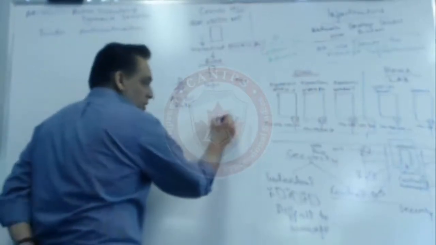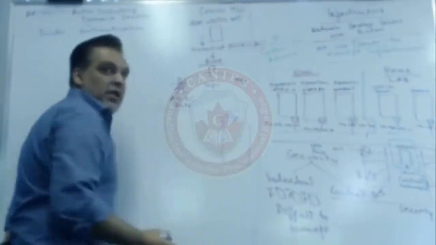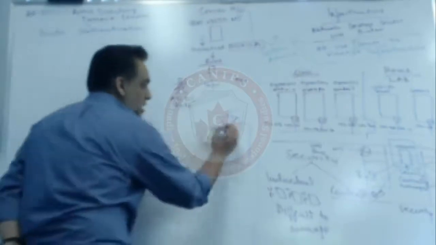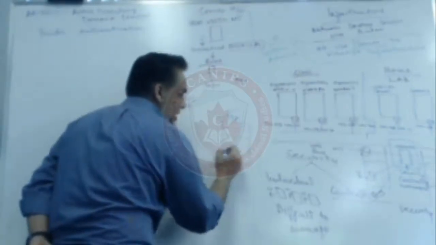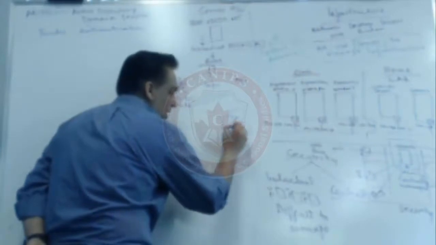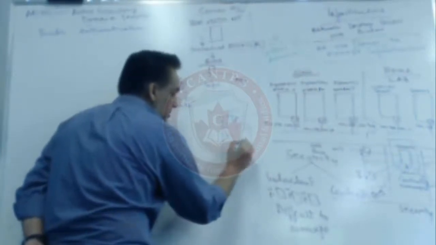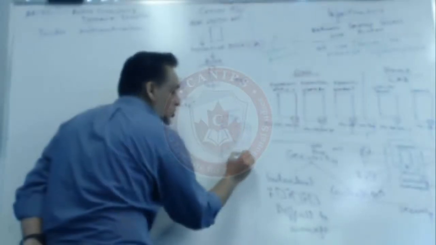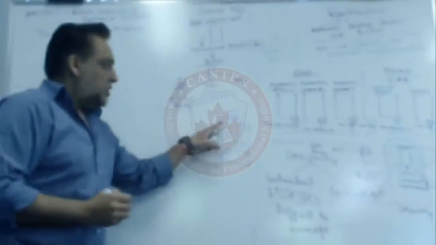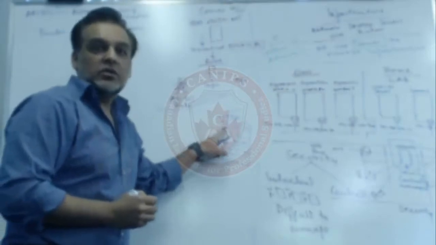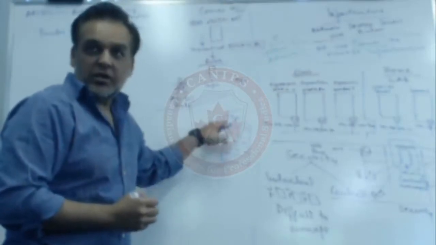Their infrastructure includes floors on this building, and they have furniture and a lot of things in this building that need to be protected. So this is a building and its infrastructure.